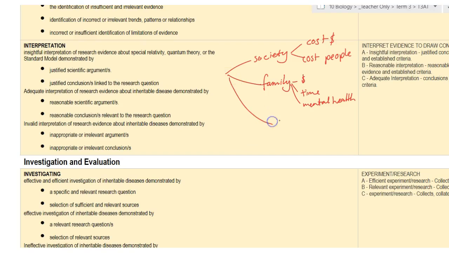And finally, but definitely not the least, cost to the individual. What sort of lifestyle will they have? It is not always about having life. It's about actually having quality of life. And whether or not you can actually live a reasonable life as a human being where you feel like you can actually be a member of society. We are not meant to be locked away and unable to function.